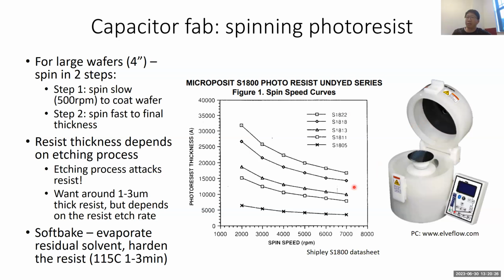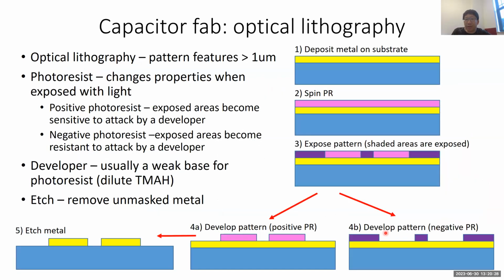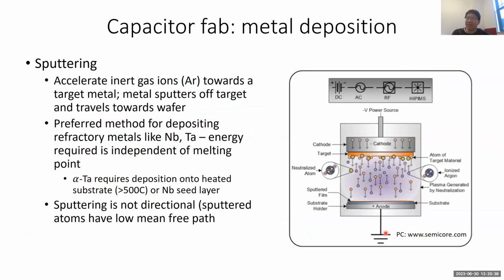Yeah, there's a couple questions from earlier on the deposition. Why do you use niobium seed layer for alpha tantalum, and what thickness of the seed layer is needed? If you want to grow alpha tantalum, there's a couple of ways to do it. One way is to deposit on a heated substrate. Generally, if you heat your substrate above 500 degrees and you deposit tantalum, it will grow spontaneously in the alpha phase.